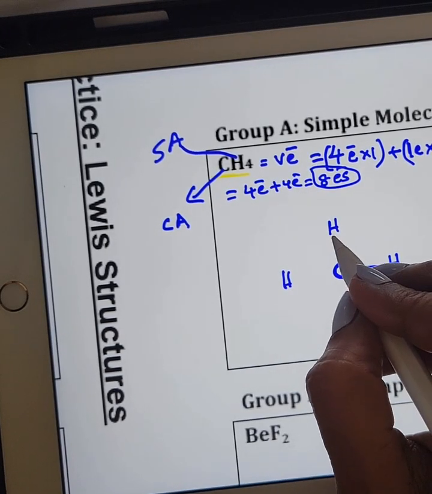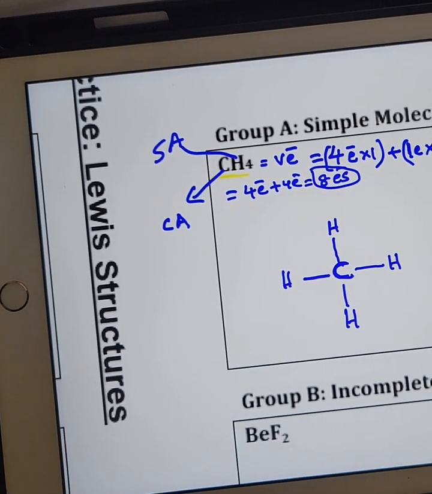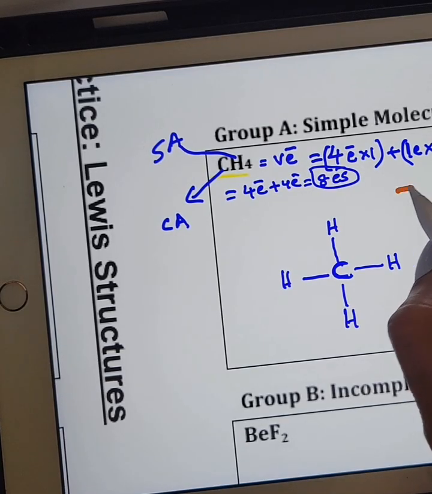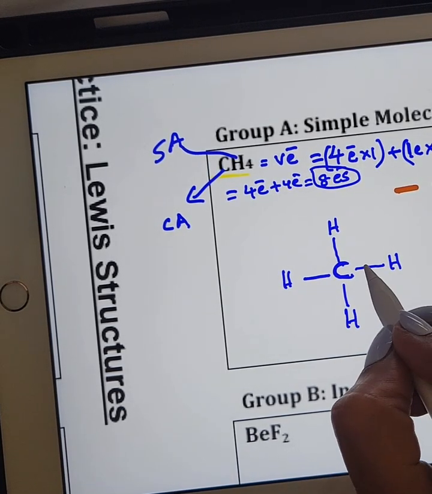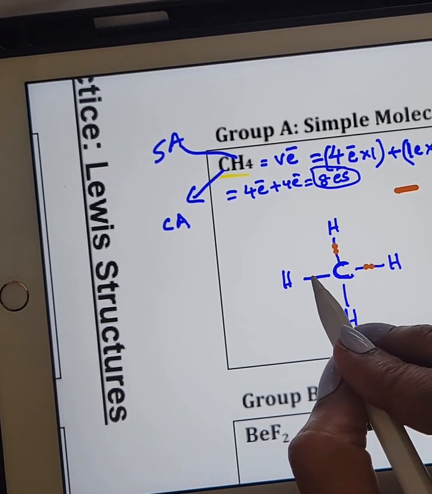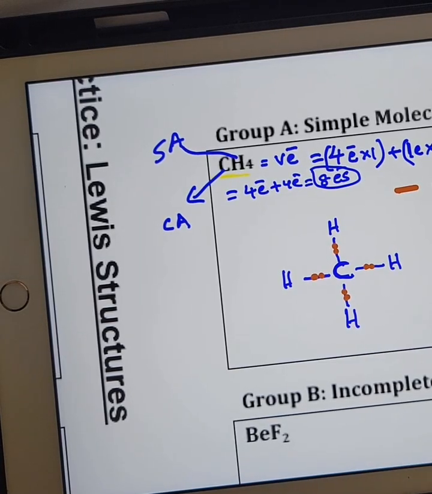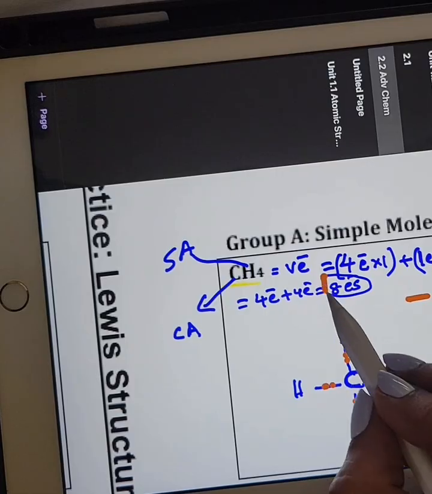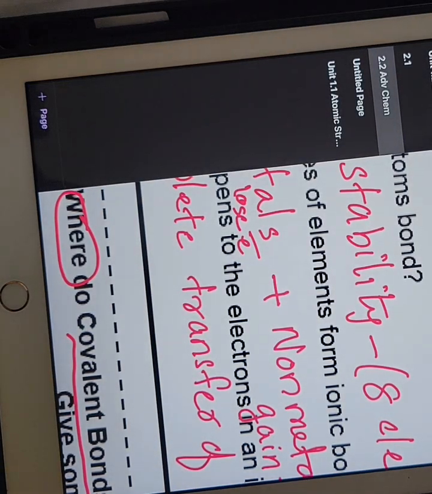So I draw 1, 2, 3, 4. Each bond is how many electrons? 2 electrons. You don't need to draw that, I'm just showing so that you understand. How many electrons did we use? 2, 4, 6, 8. We had only 8. That means we are done with the structure.